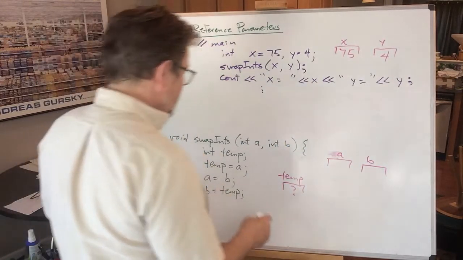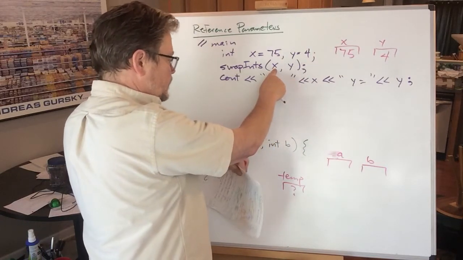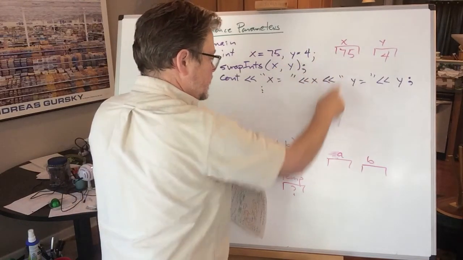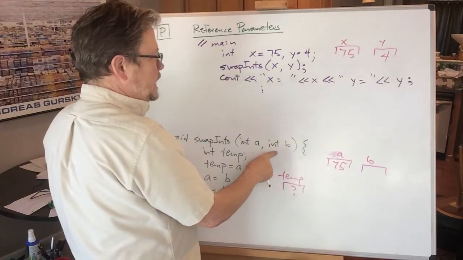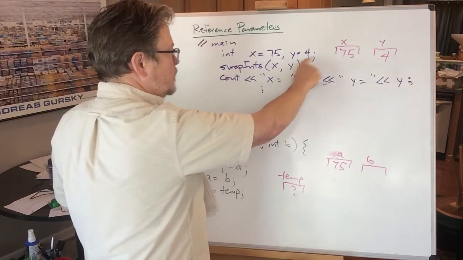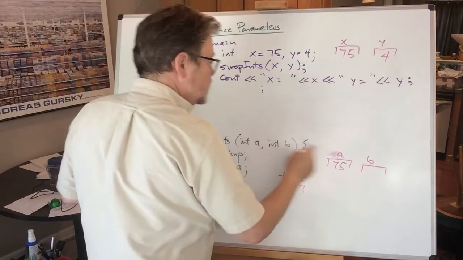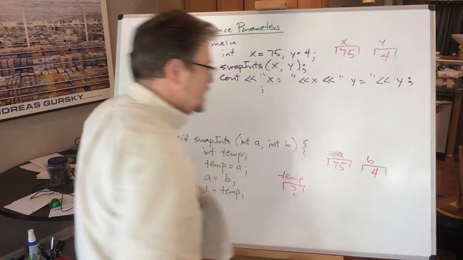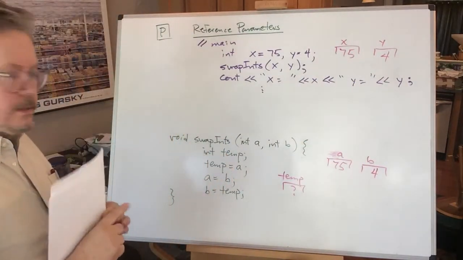And, well, whoops, I got ahead of the game. A and B, those receive values from above. X is the first thing, so x's value 75 is going to land in A. There we go. And B gets whatever is sent in the second position in parentheses, and that's y. The value y is 4. So 4 goes into B. Now I'm caught up.